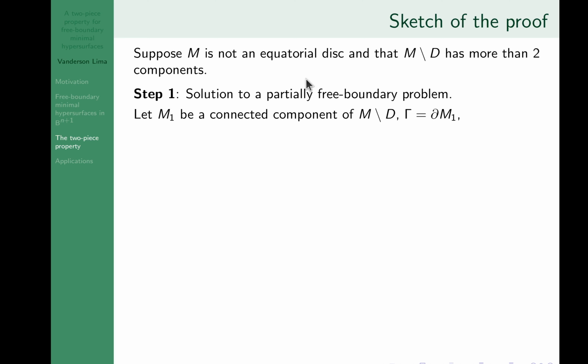So let M1 be any connected component of M minus the disk, and this has some boundary gamma. It is a result by Fraser and Li that the complement of M inside the ball is exactly two open regions with compact closure.